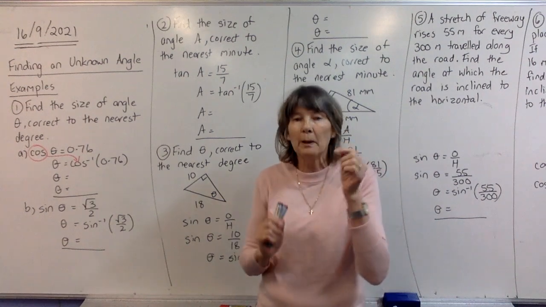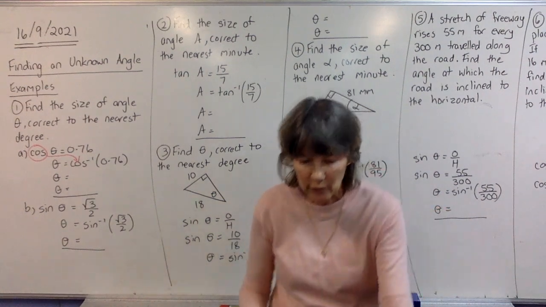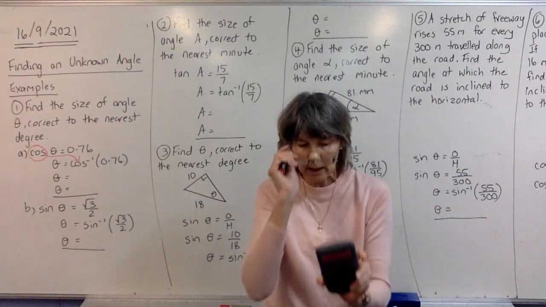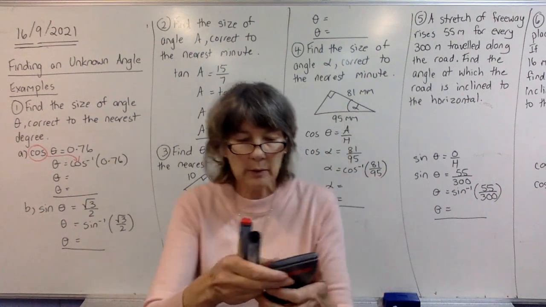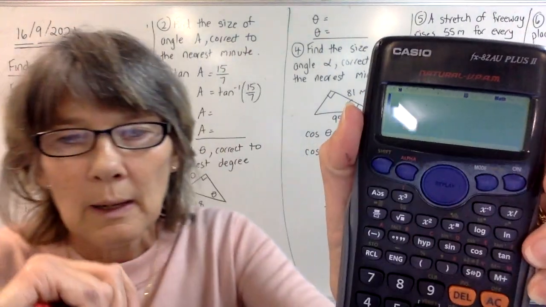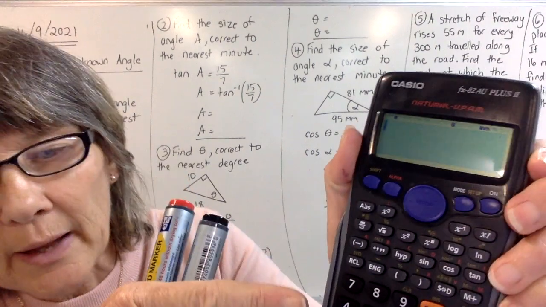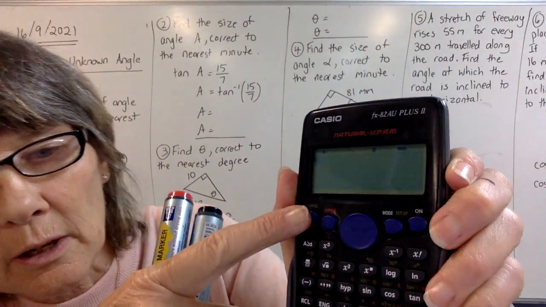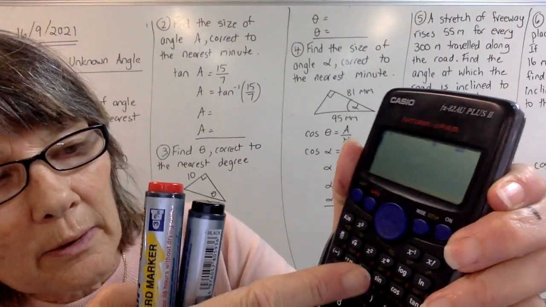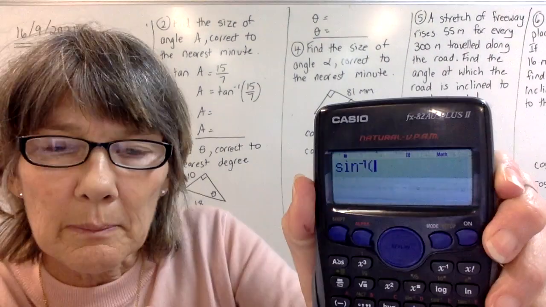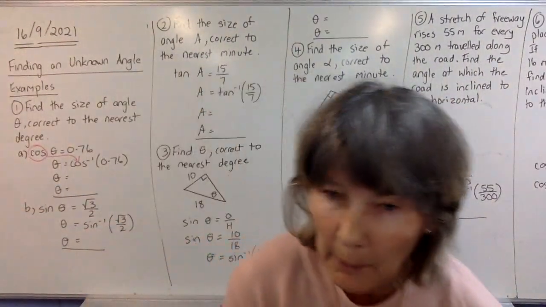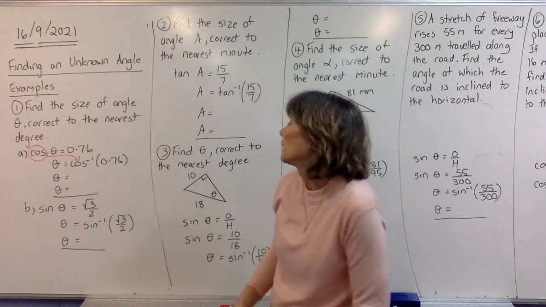The ones in yellow above, you have to press the shift key before you press that key to have it working. So in other words, if I wanted to do inverse sine, and that's in yellow, I have to press shift and then the sine key, and it comes up with what I need. So we're going to practice with the calculator in a minute.